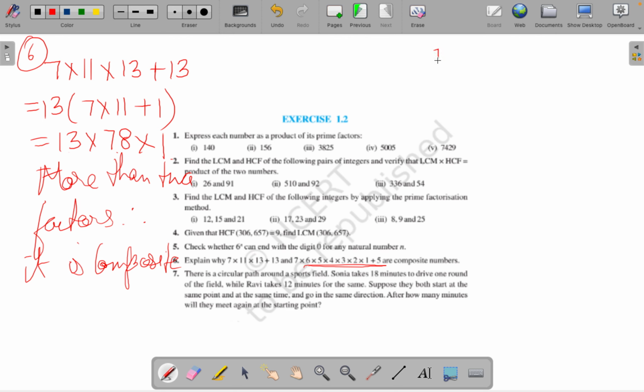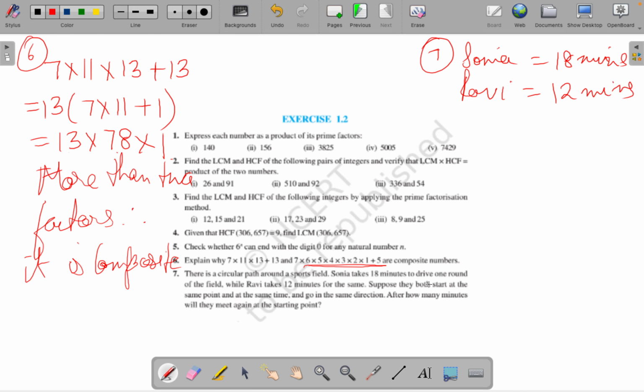All right, let's move to question number 7. In a circular path around a sports field, Sonia takes 18 minutes to drive one round. Okay, so the time taken by Sonia is 18 minutes. And then Ravi takes the same round in 12 minutes.